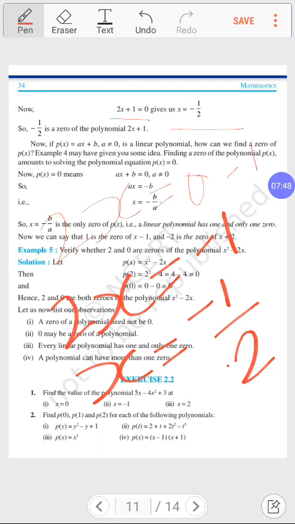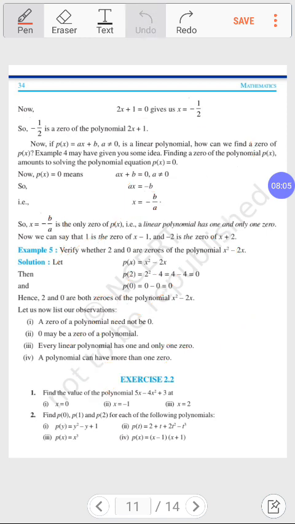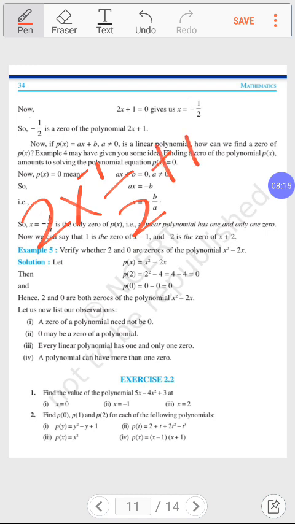In this way 2x plus 1 gives x is equal to minus 1 by 2. So this becomes the 0 of the polynomial, because if we keep minus 1 by 2 in place of x, then we will get 0. Let's see. Keeping minus 1 by 2 in place of x, 2 into minus 1 by 2 plus 1.